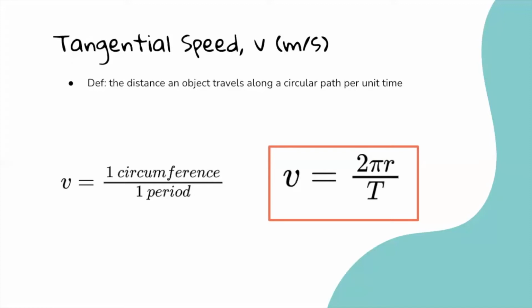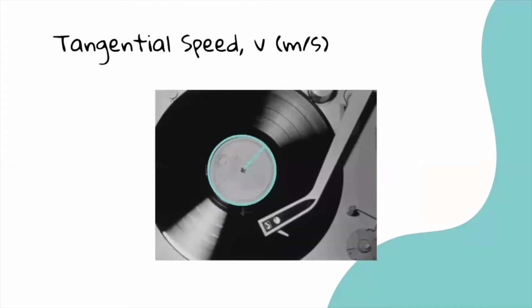Tangential speed has to do with how big of a circle the object makes. I have a quick demo for us that we'll look at on the computer, and then if we have time, we'll look at it in person. Let's say we take something like a record player.